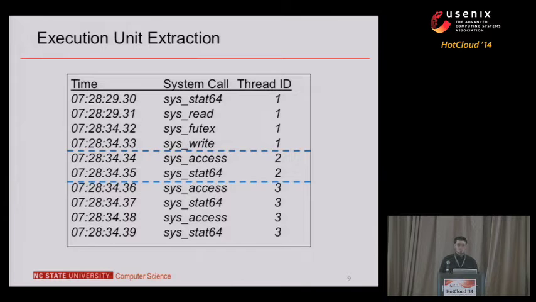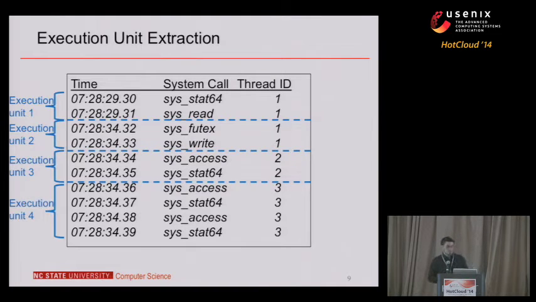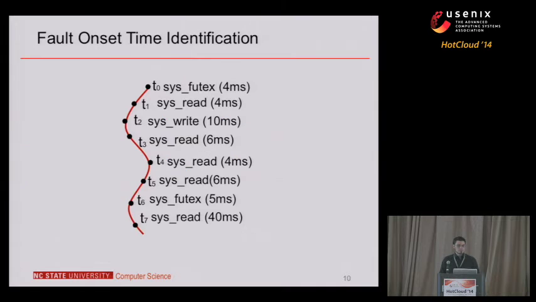So it's basically been retasked to do something else, or it's executing a different piece of code at the user level. In any case, the system calls that are going to be generated might not be very closely related. So to mitigate those inaccuracies, we further split this. Then we've taken this raw trace and split it into 4 execution units. Those 4 execution units are then fed into our fault onset time identification.